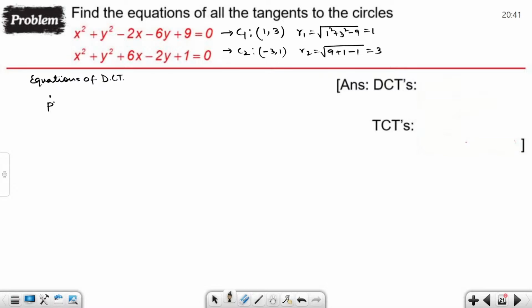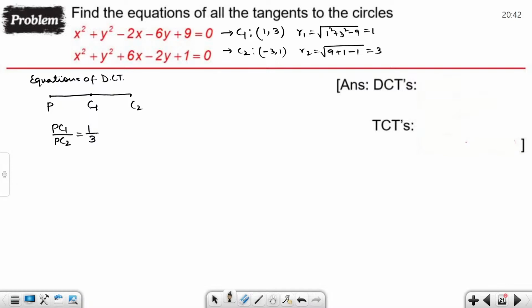And we know that this point P is going to divide the line joining C1 and C2, the centers of the two given circles, in the ratio of their corresponding radii. Is it clear? So here PC1 by PC2 is basically 1 over 3.